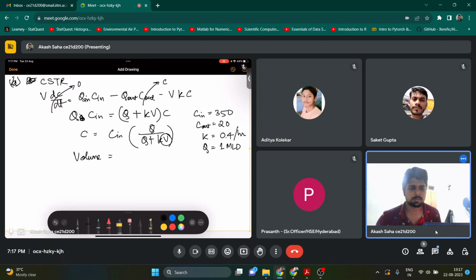This is the question. We have the basic mass balance equation, and according to the CSTR condition, we have changed the equation and found what my equation for the CSTR will be. So if we input all the values in this equation, we will get the volume of the CSTR reactor.